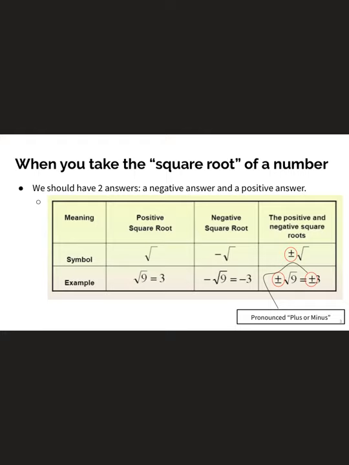So the reason why we would take the square root of a function is because if we think about what a quadratic function is, it's any expression or equation where the highest exponent is 2. So you could have something like x squared plus 3x, and that would be a quadratic expression.